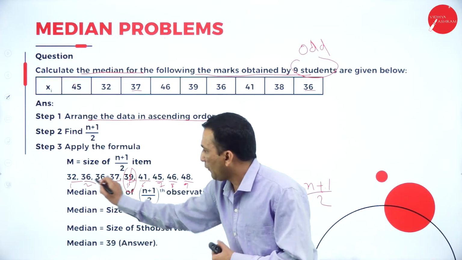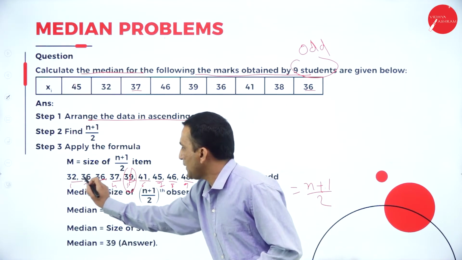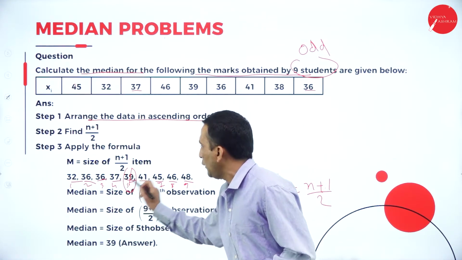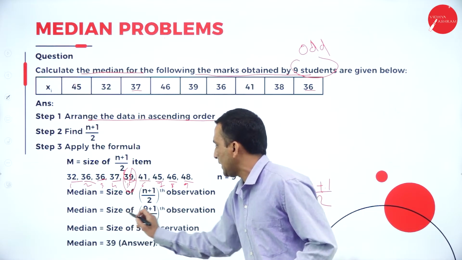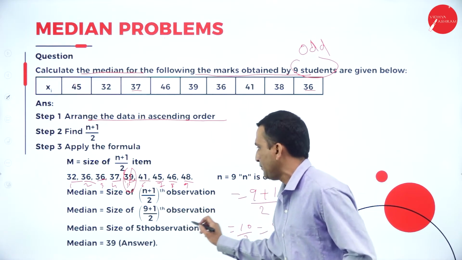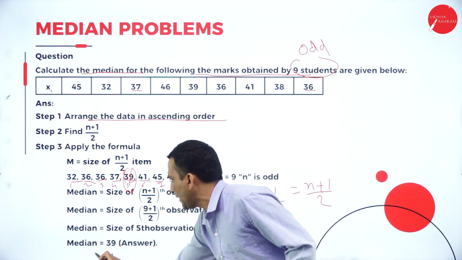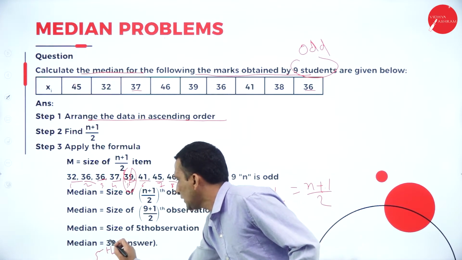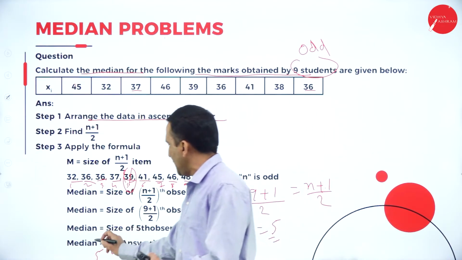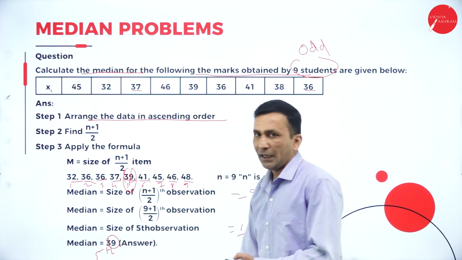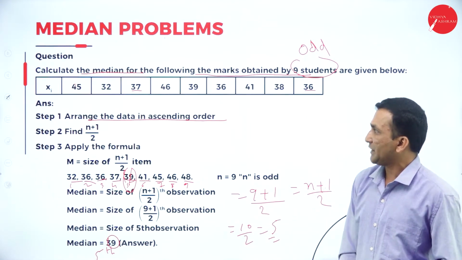Now I need to go to the fifth value: first, second, third, fourth, fifth. At the fifth place, 39 appears. That is the median. So the median is 39. Okay, moving forward to the next question.